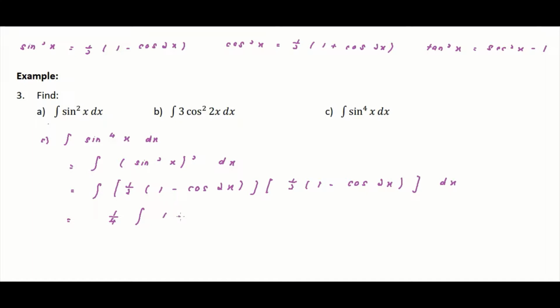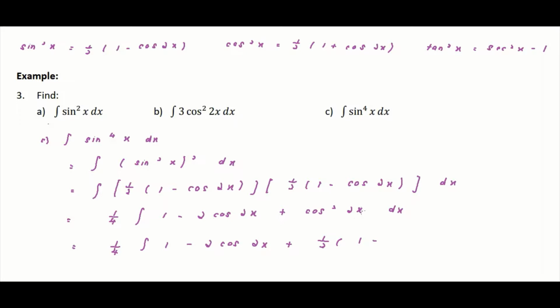So 1 minus 2 cos 2x and then plus cos square 2x. Okay, so what you realize here is you have another cos square coming in, so we need to substitute it again. So 1 over 4, 1 minus 2 cos 2x. For this part, you will need to substitute again. So 1 over 2, 1 plus cos 4x, the same thing as just now.